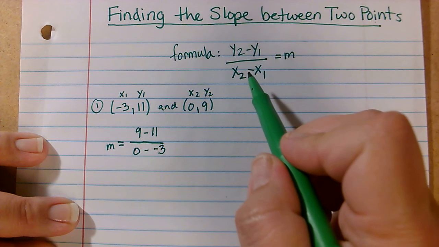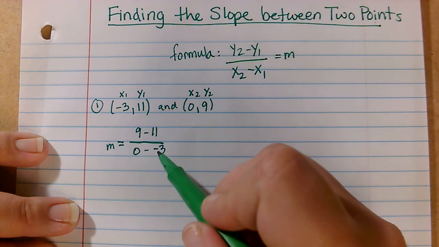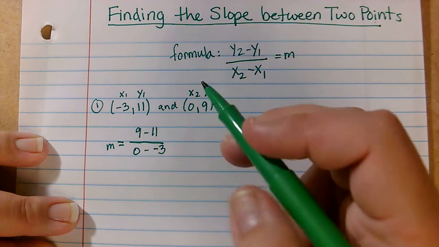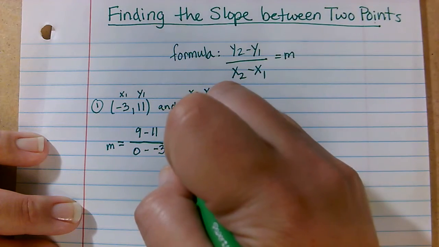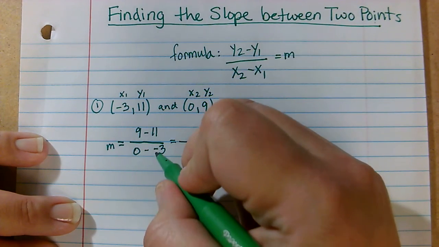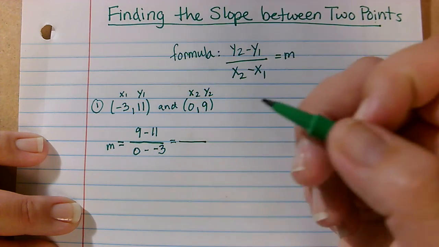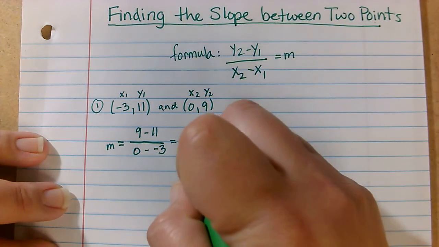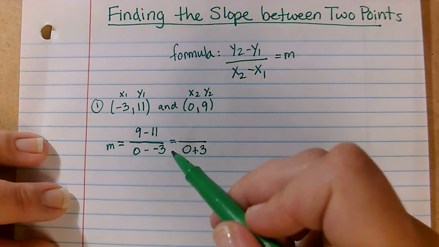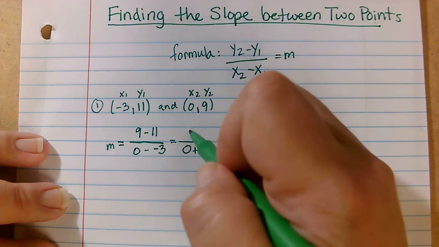The subtraction comes from the equation, and the -3 comes from the fact that x1 is -3. So there really are 2 negatives in a row, and when I do 2 negatives in a row, it's like I'm undoing the subtraction. So 0 minus -3 turns into 0 plus 3.